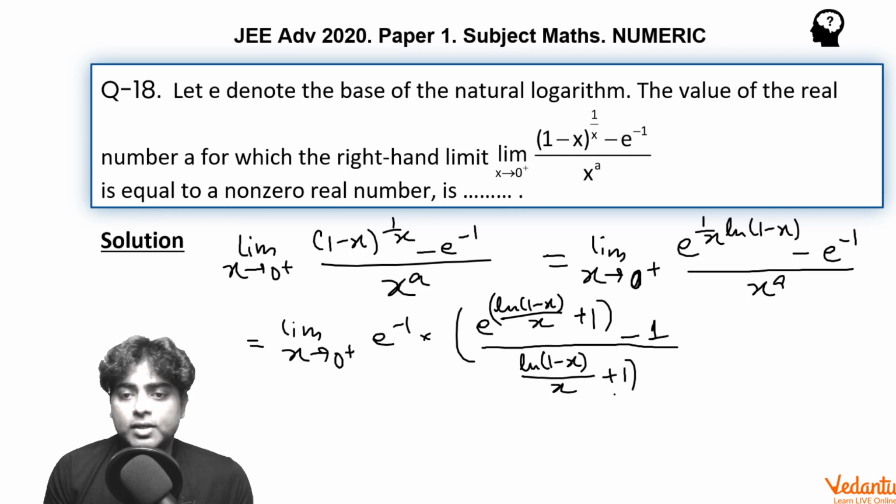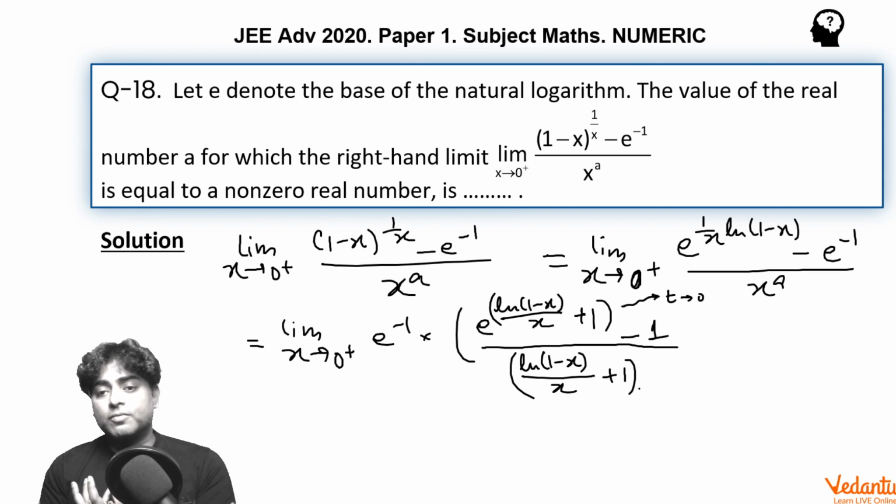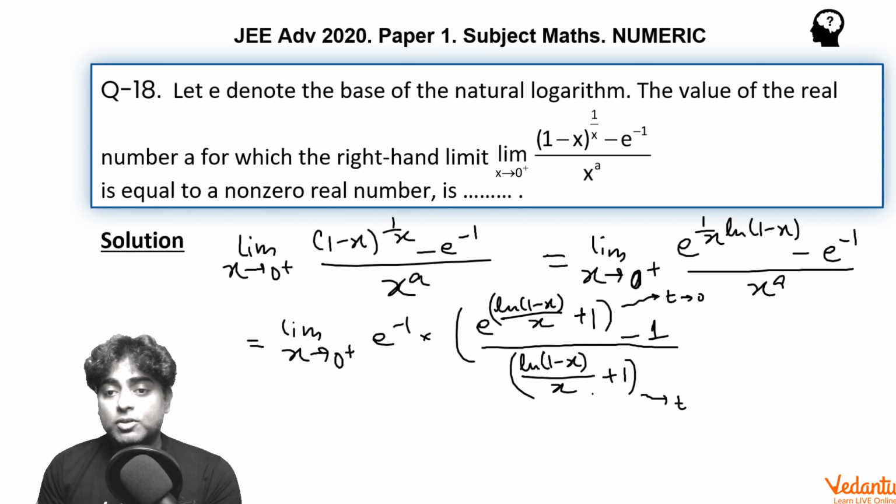If you think that it is some t, then obviously when x tends to 0, ln(1 minus x) by x tends to minus 1. So minus 1 plus 1, t tends to 0 when x tends to 0 plus. So we are getting a format like e raised power t minus 1 upon t, t tends to 0, and that is what? 1.